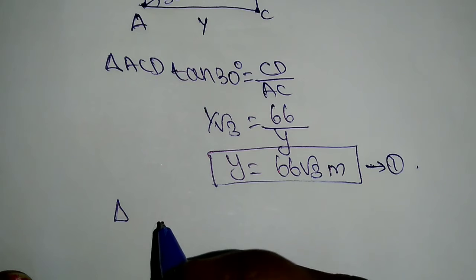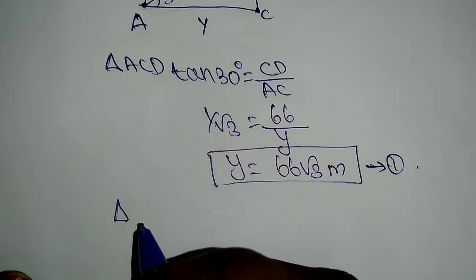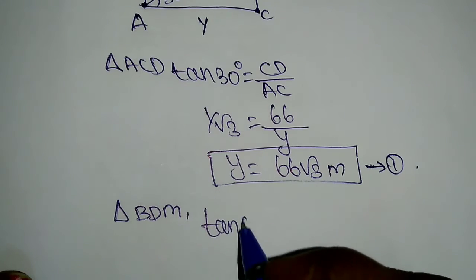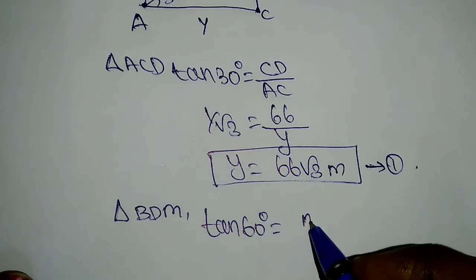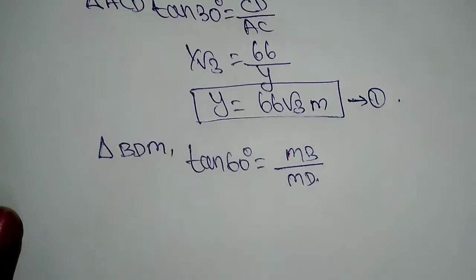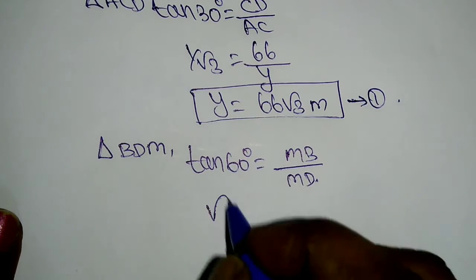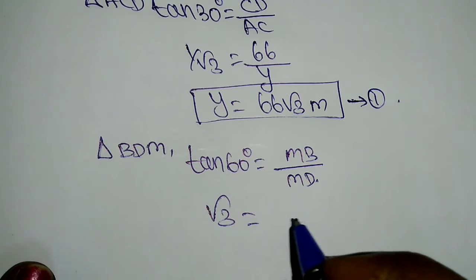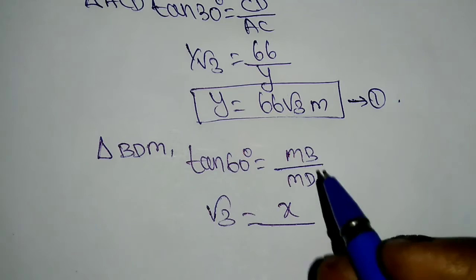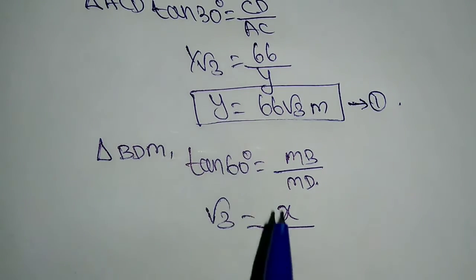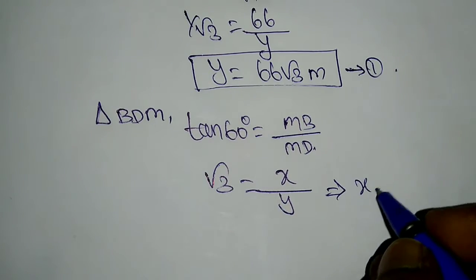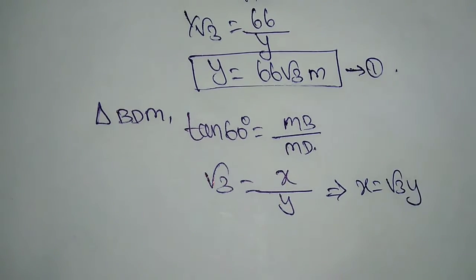From triangle BMD, we get tan 60 degree is equal to MB divided by MD. Okay. So tan 60 is root 3 is equal to MB is x. So x divided by MD, which is equal to AC, so y. So x is equal to root 3 y.